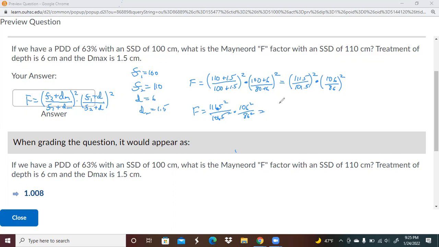111.5 times 111.5. And that gives me 12,432.25 over 101.5. I have some technical difficulties here. No, I really just want the eraser. There we go.